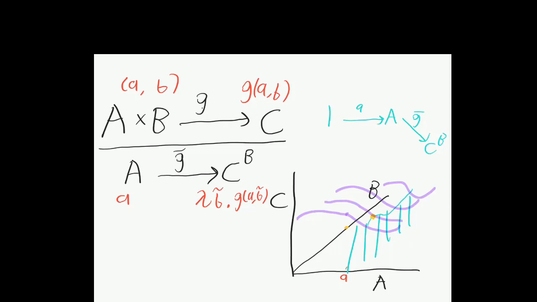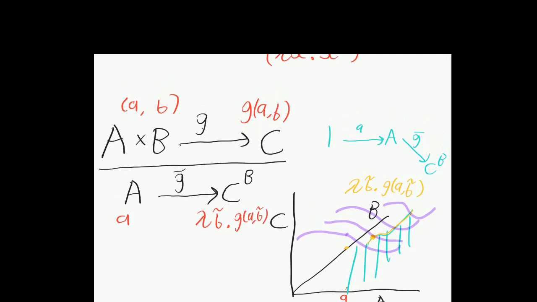And so you can see that this cut, which I'm now redrawing in orange, is basically indicating this kind of function here, which is ready to take in a value B tilde and return G of A comma B tilde. And so this is the basic idea about how exponential objects work in this category of smooth spaces.